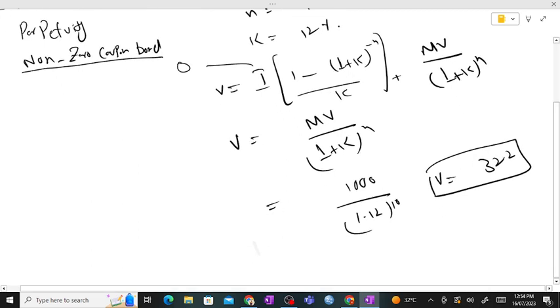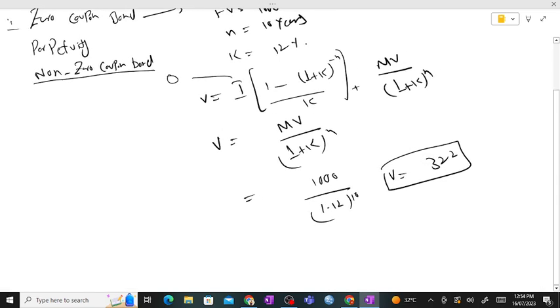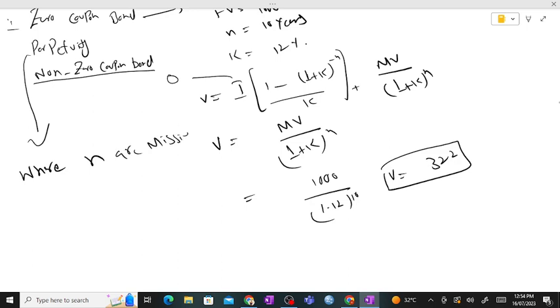If we talk about the perpetuity case, as we already discussed, where there is no time given, we normally say this is a perpetuity. Where n, the number of years, is missing and you don't have any information regarding the number of years, that becomes an infinite time period.